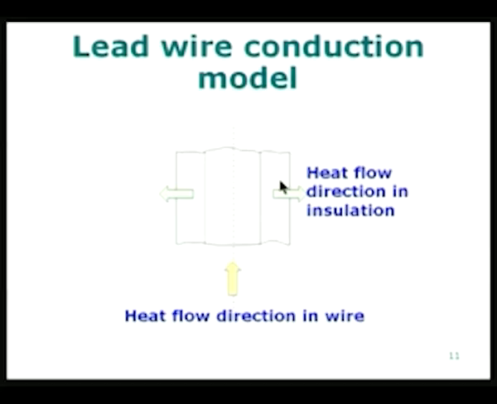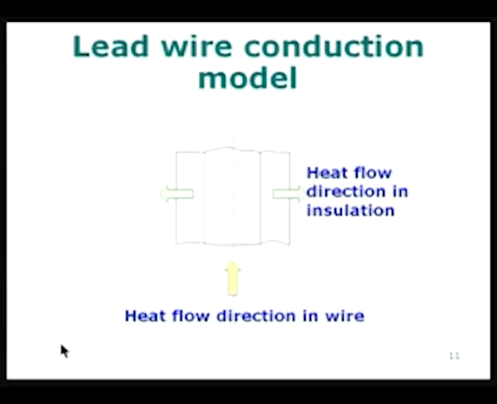And in fact, what we will do, which we will show in the next lecture, is to look at an effective resistance to heat transfer from the surface of the wire to the ambient. So, we will model the heat transfer in the lead wire, or heat conduction in the lead wire, by axial conduction in the wire, followed by a radial conduction in the insulation layer.